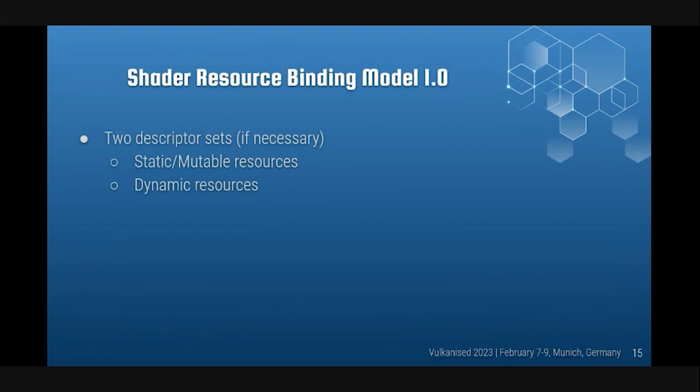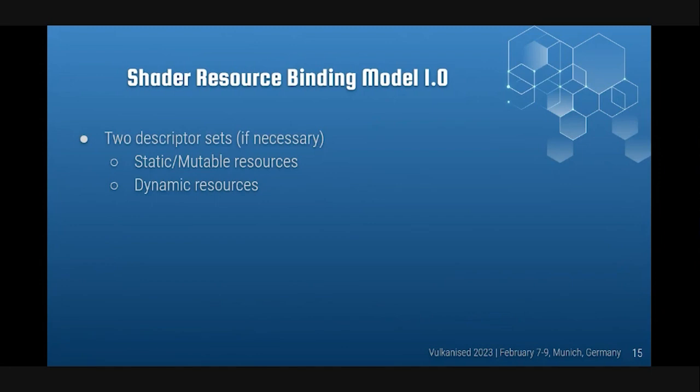And the reason there are two descriptor sets is because dynamic resources are handled very differently, because they may be changed by the application freely. When a shader resource binding object that has dynamic resources is committed, the engine creates a copy of the descriptor set that has dynamic resources.